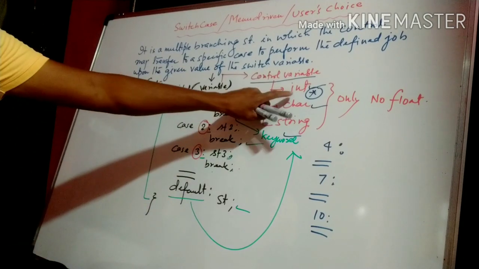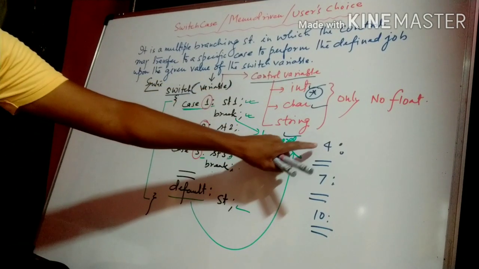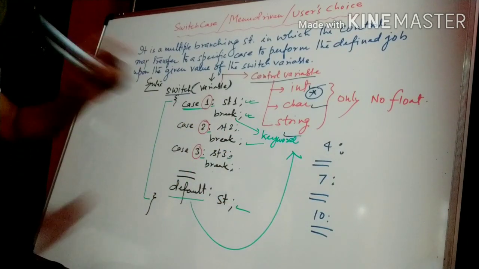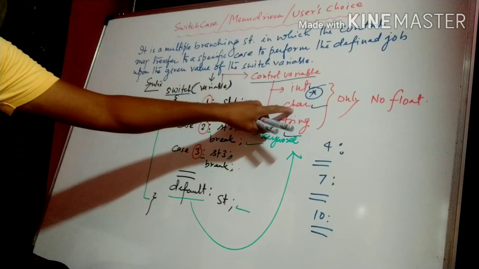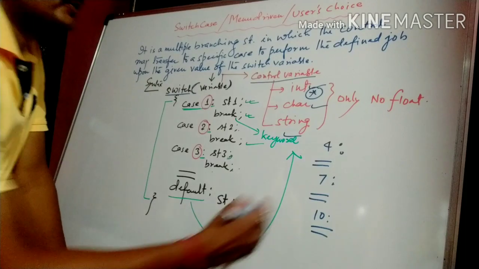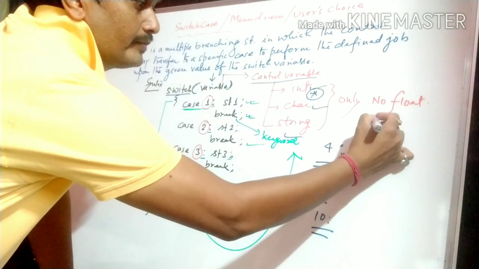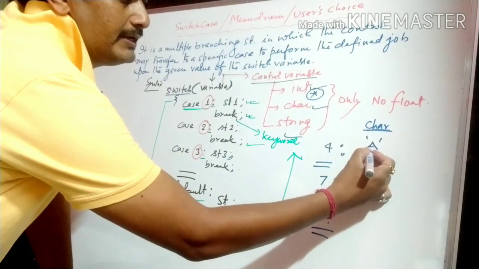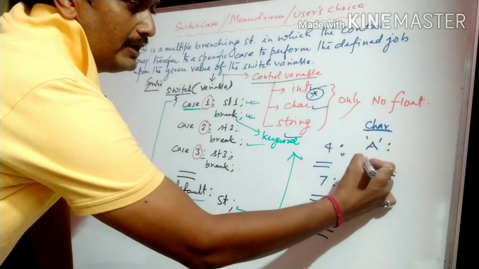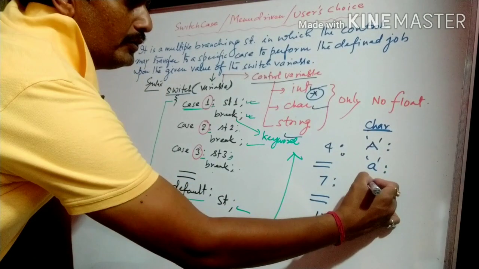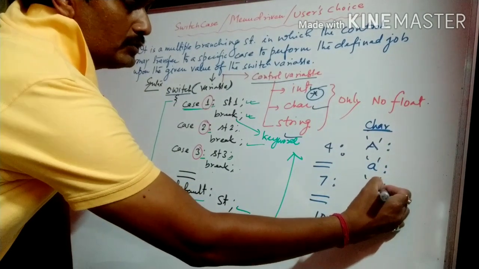If the control variable is integer, your case will be integer type. If your control variable is char type, then your case will be character, like that way, or you can write 1 within single quote.